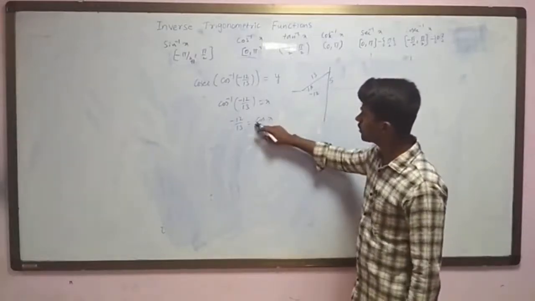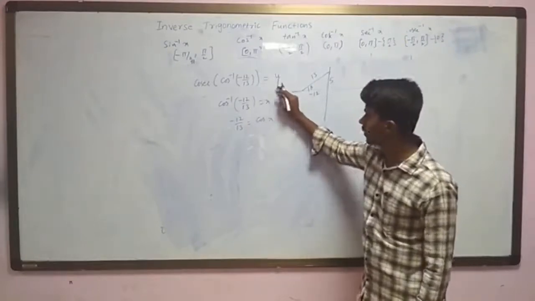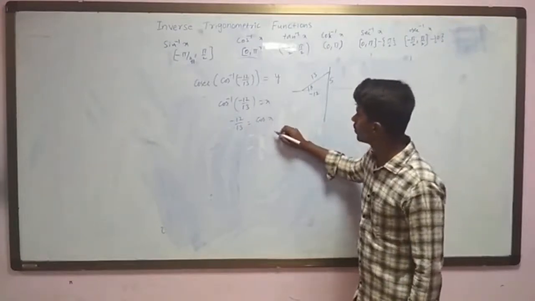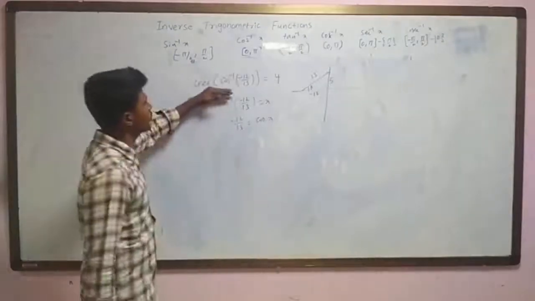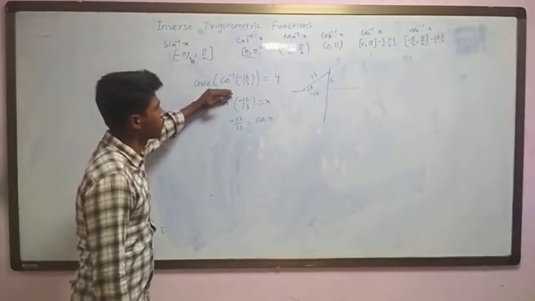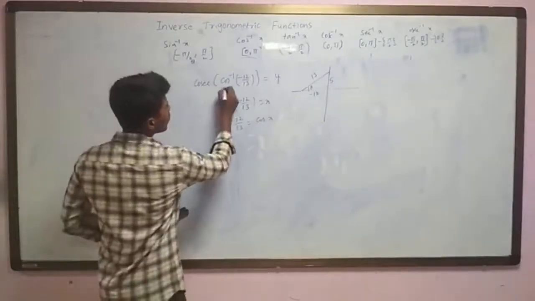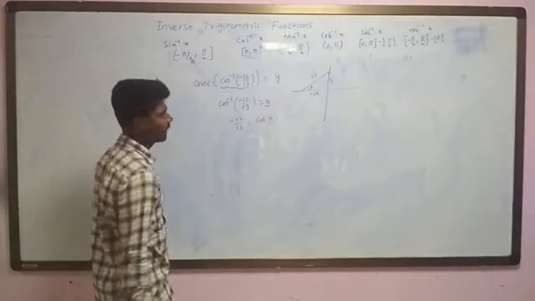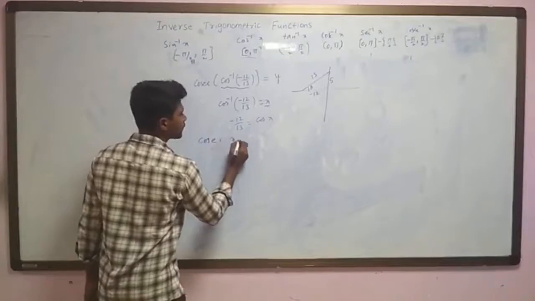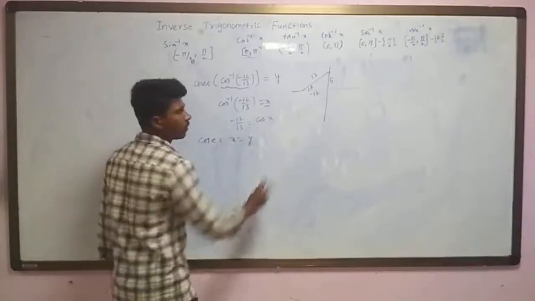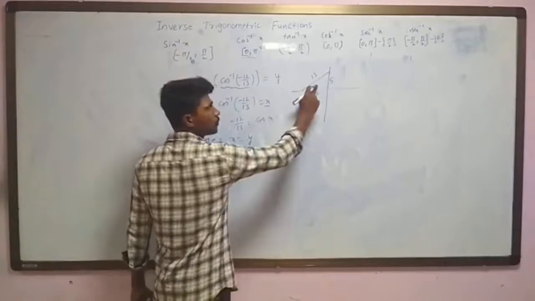Now cos x is minus 12 by 13. We have to find y. Cosecant cos inverse of minus 12 by 13 equal to y. This total value is nothing but x. So we rewrite it as cosecant x is equal to y. We got a triangle. This is not theta, we got x here now, so we have to use x.